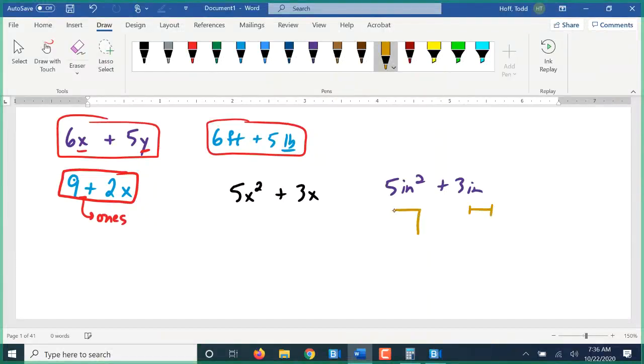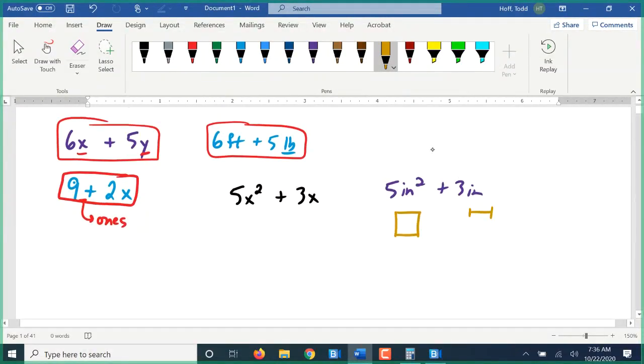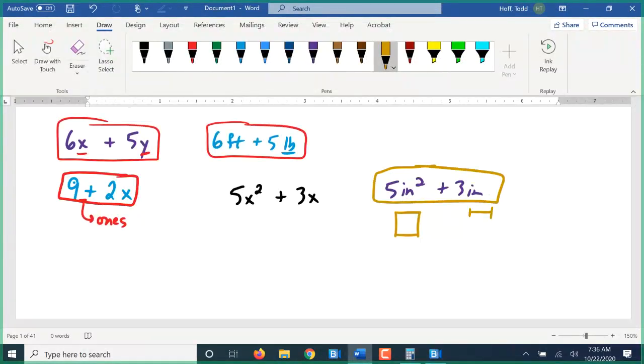Square inch is a unit of area. So because those are different units, we cannot combine them. Even though they're both inches, one is a square inch and the other is just an inch, we cannot combine those. The same is true over here. If our variables have different powers, they are different names. So 5x squared plus 3x is going to have to stay 5x squared plus 3x.